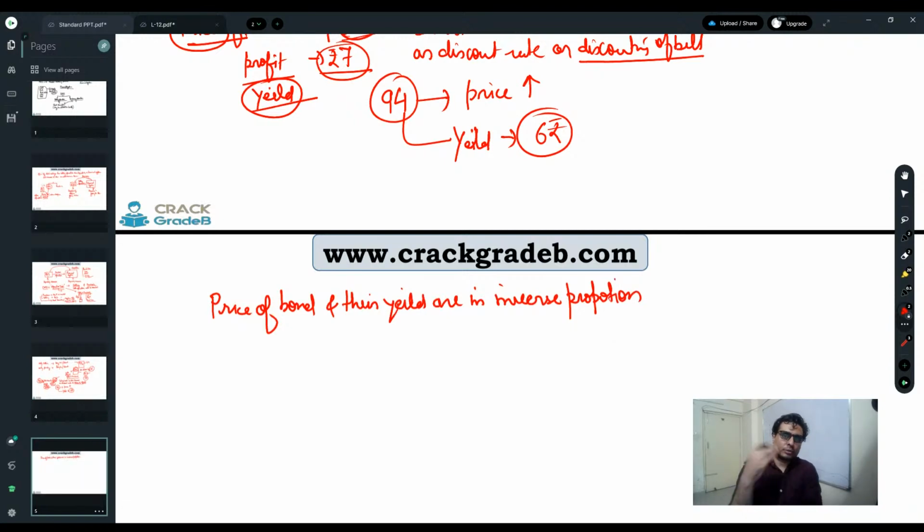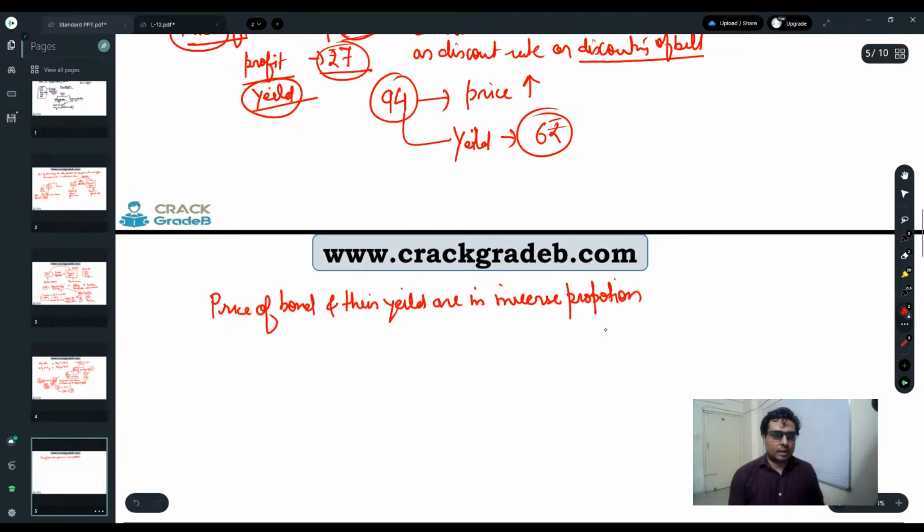If the price of a bond offered by a bank or anyone, if the price of a bond or security is increasing, then definitely the yield is going to decrease. Got this point? It's a common phenomenon. If the price is going to increase, then the yield of that bond is going to decrease.